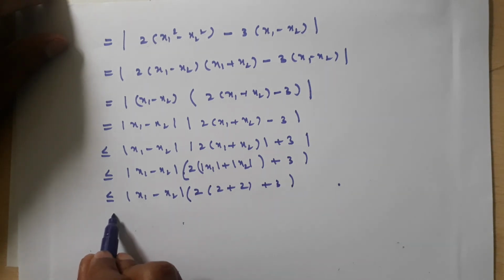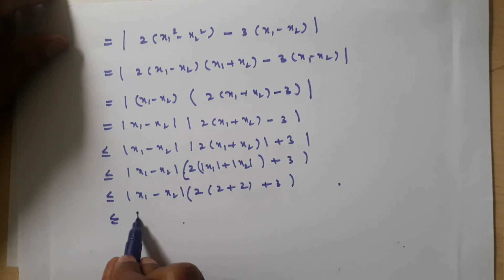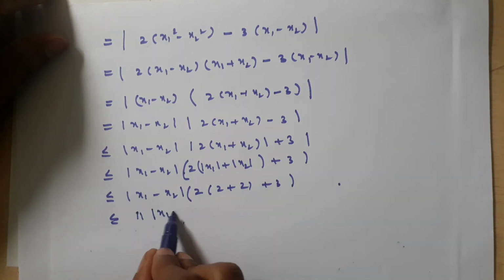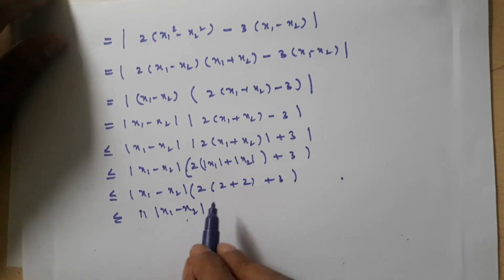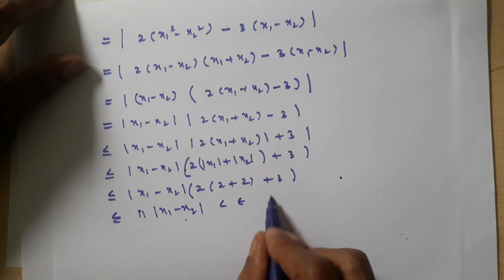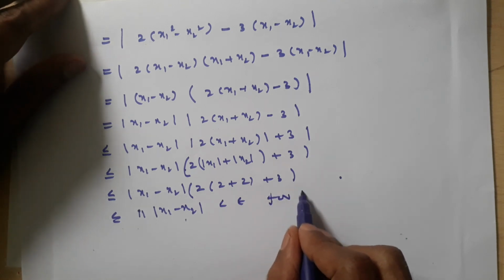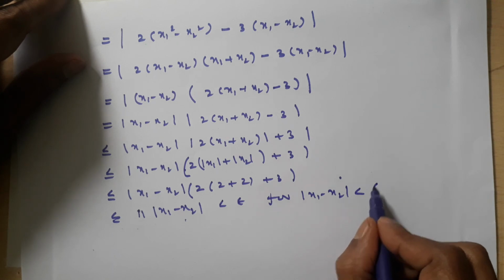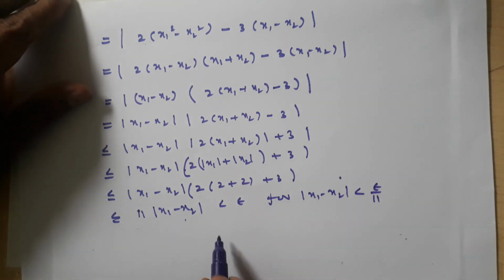Which is less than or equal to 11 into mod x1 minus x2, which is less than epsilon for mod x1 minus x2 less than epsilon by 11.